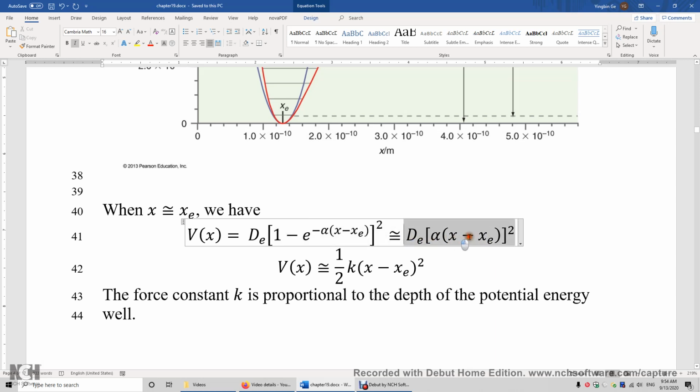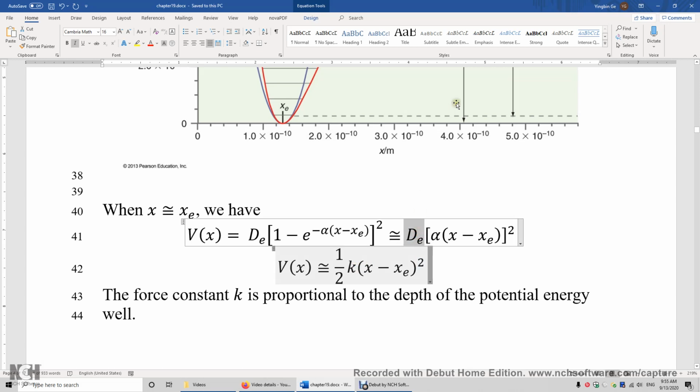The reason I do this is because I want you to look at the equation for the harmonic oscillator. Alright, so when x is very close to x sub e, and you compare the Morse potential and harmonic potential, you realize they share this x minus x sub e squared term. So really this k is proportional to d sub e.